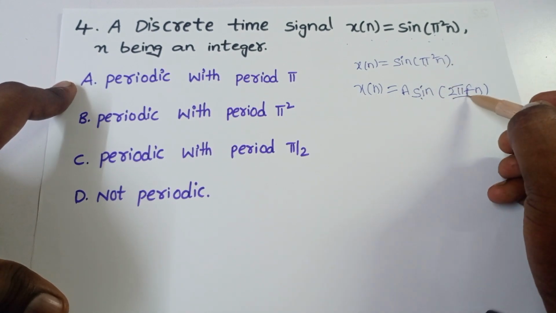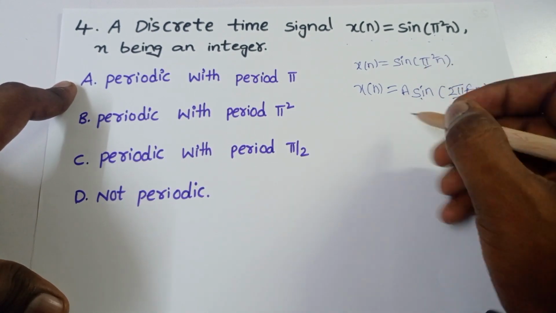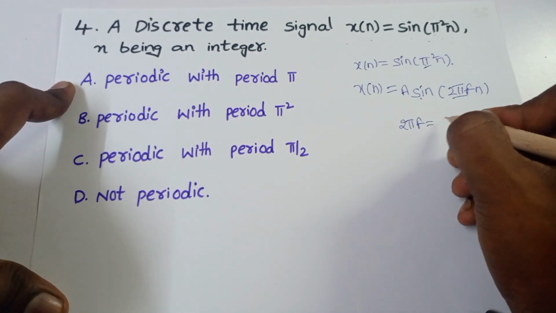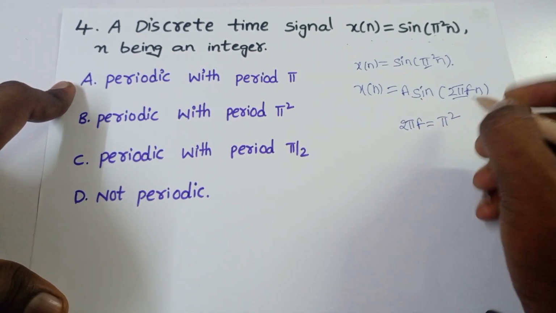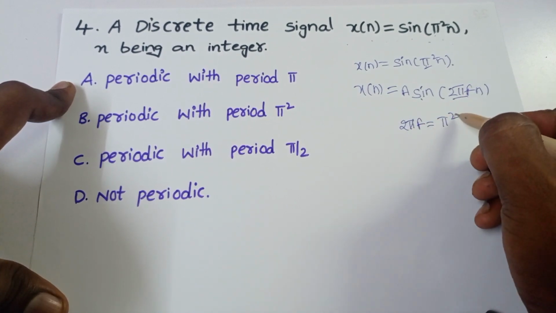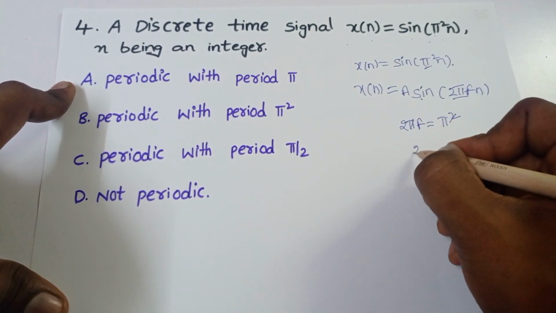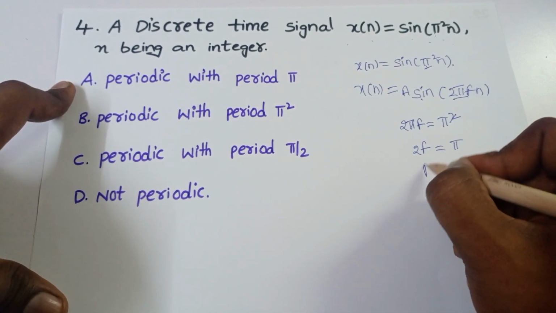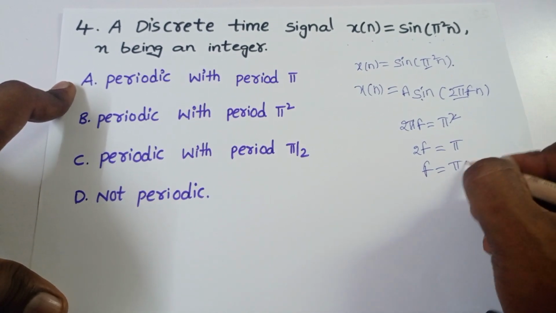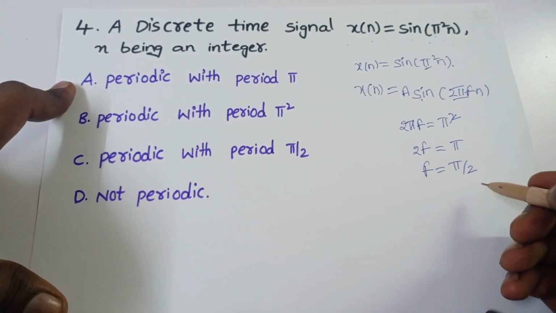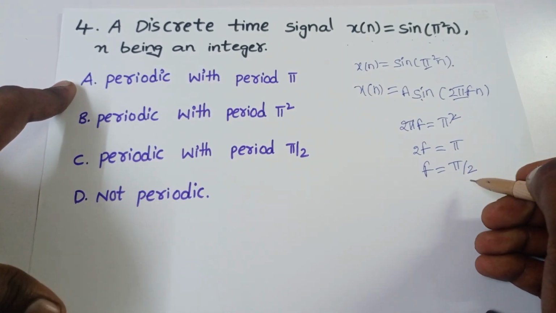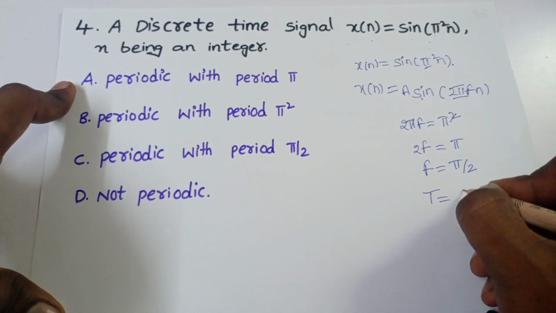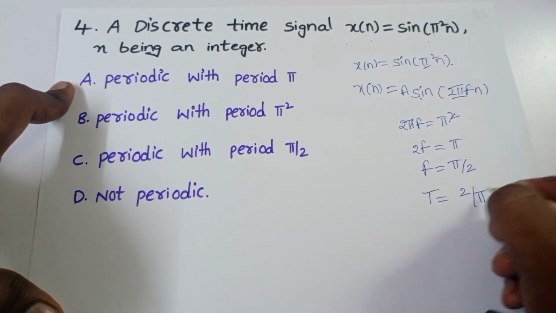Here in place of 2 pi f, we have pi square. Just simply 2 pi f is equal to pi square. Here cancel out pi and pi. Then we have 2f is equal to pi, that is f is equal to pi by 2. That is, the frequency is pi by 2. We know time period is just the inverse of frequency, that is time period T is equal to 2 by pi.